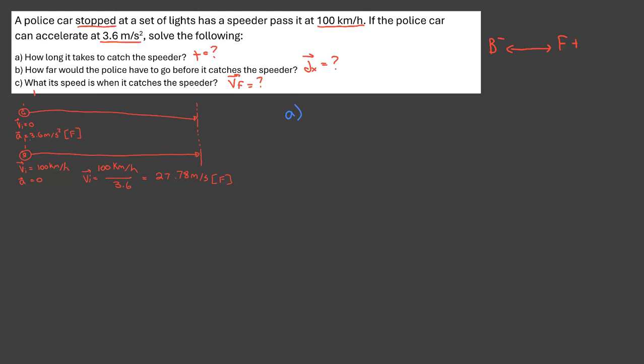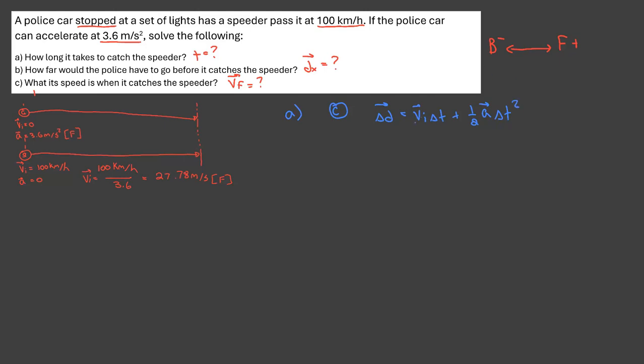Since I have two objects that I'm dealing with in my physics problem, I should first go ahead and set up two different equations, and that's exactly what I'm going to do. So if I'm evaluating my cop, I'm going to use this equation here: delta d equals my initial velocity times my time plus 1/2 times my acceleration times time squared.